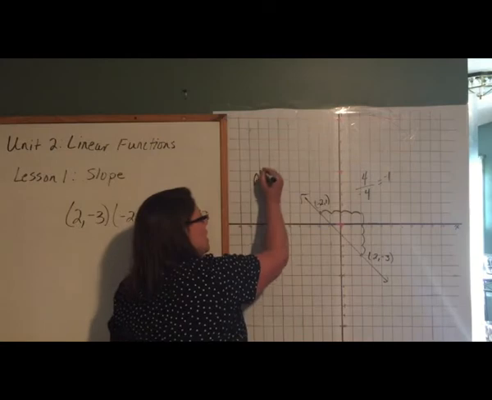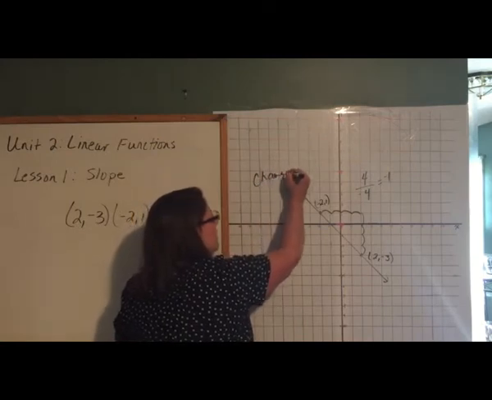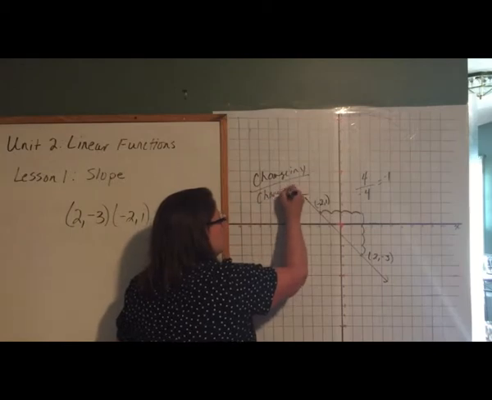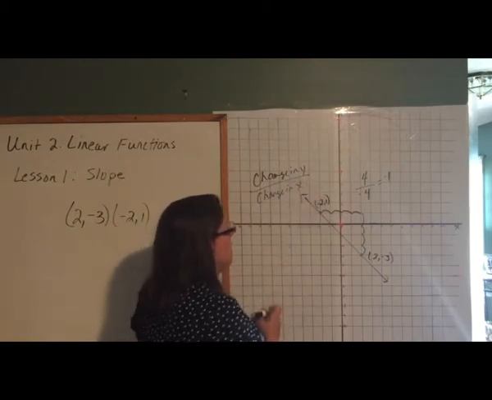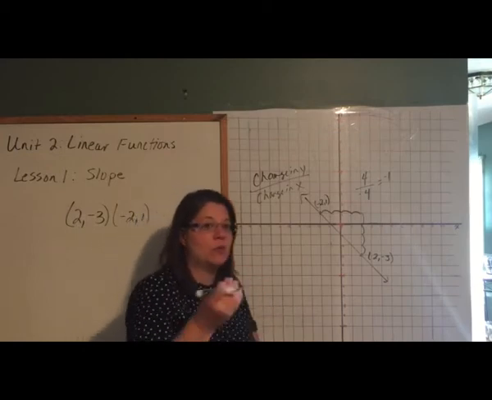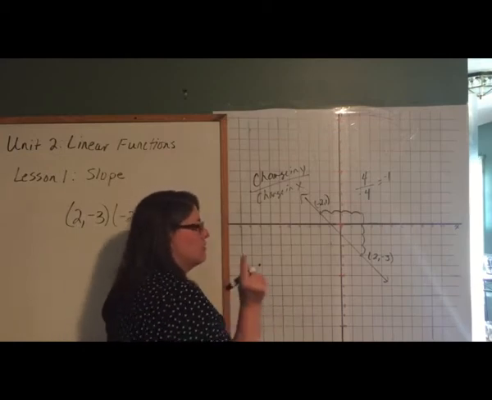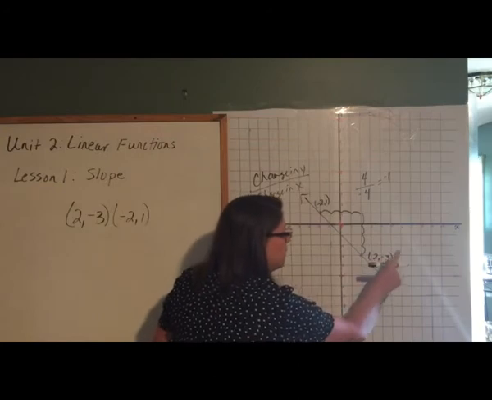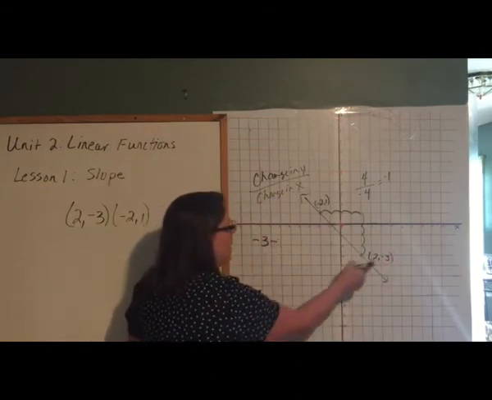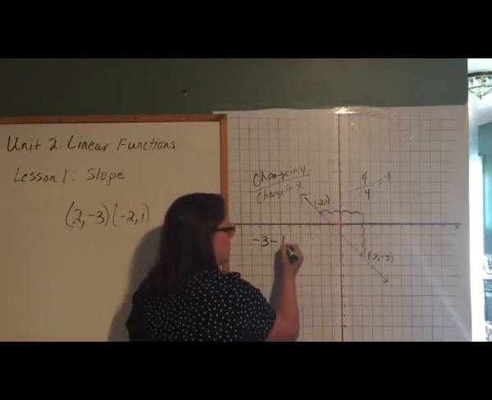Now, it's change in y over the change in x. So the change in y is our y coordinate. Okay, and change in means we subtract one of them from the other. So I'm going to start with the bottom one, and I'm going to take that y value, -3, and I'm going to subtract from that the other y value, 1.